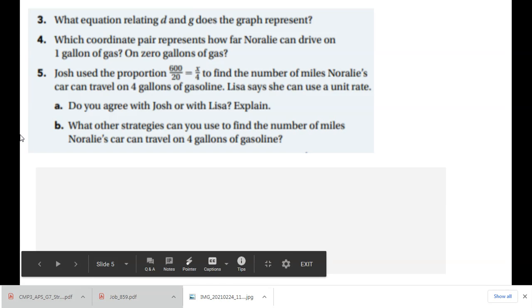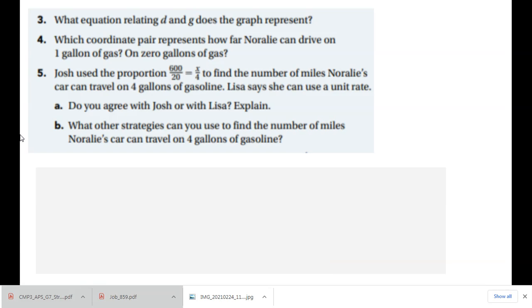This is going back to proportions. If you have 600 to 20 and x to 4 equals x over 4, you can use that to find the number of miles. So that's what you're going to do. Lisa says she can use a unit rate. Do you agree with Josh or Lisa? Because Josh is using this proportion. Lisa says she can use a unit rate.